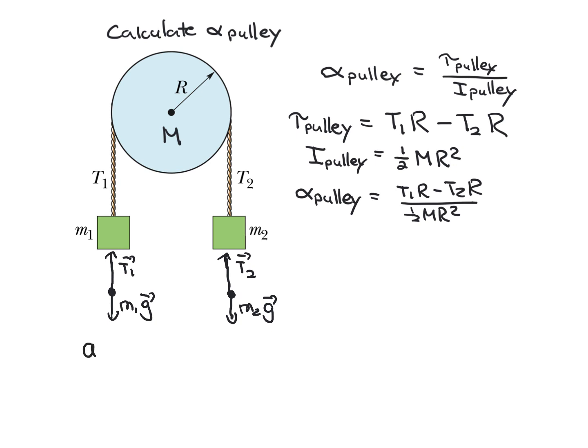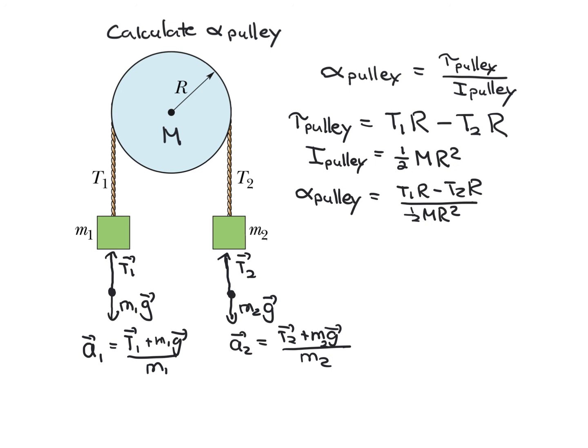So the acceleration of mass number one is going to be given by T1 plus M1g divided by M1, and the acceleration of mass number two is going to be given by T2 plus M2g divided by M2, and I'm using vector signs here at this point. So that's Newton's second law applied to each of the masses 1 and 2.